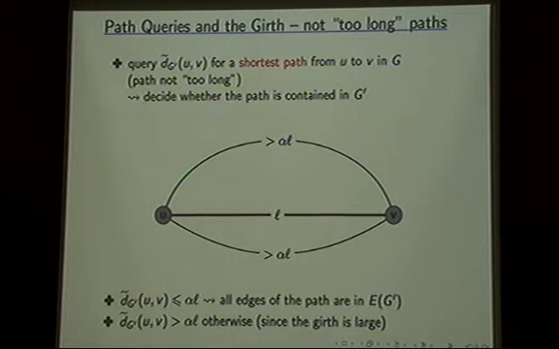So using one distance query, Alice and Bob can basically decide whether for the edges of this path they have an intersection or not.